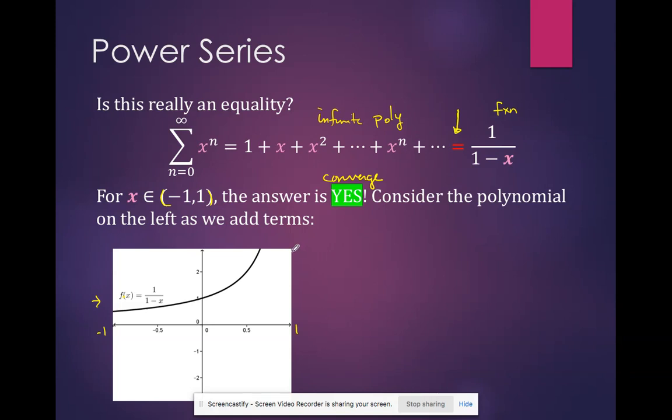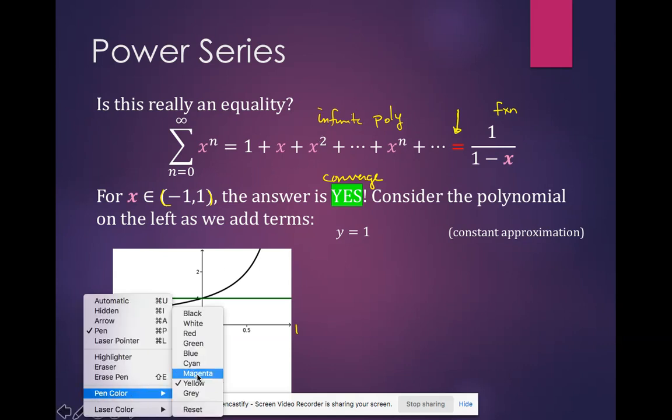You know what happens at 1, right? There's a vertical asymptote at 1. I'm only going from -1 to 1, the interval of convergence, and here is my rational function. If I only do the partial sums instead of my infinite polynomial, what if I make it finite?